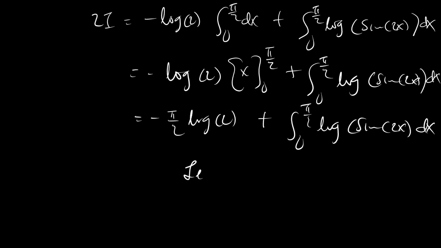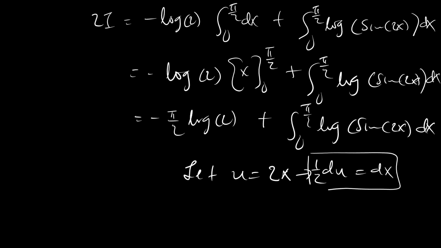You can say let u be equal to 2x. So if u equals 2x, that means that half of du is equal to dx. It's just an important fact.